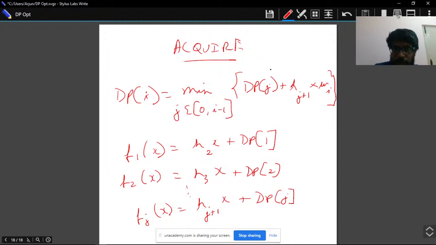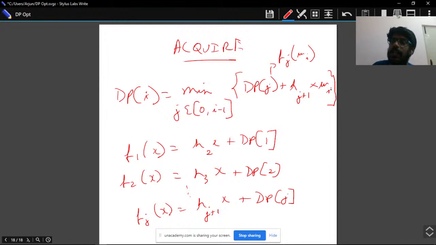This is nothing but fj of wi, because it's h(j+1) times x plus dp j, right? It's mx plus c, where m is h(j+1) and c is dp j, and I'm evaluating it at wi.